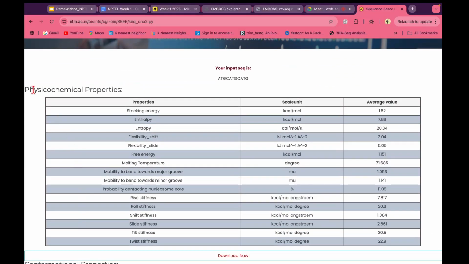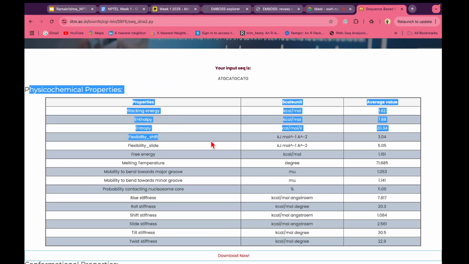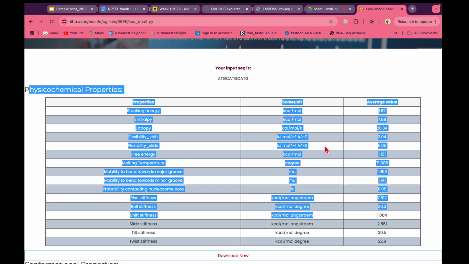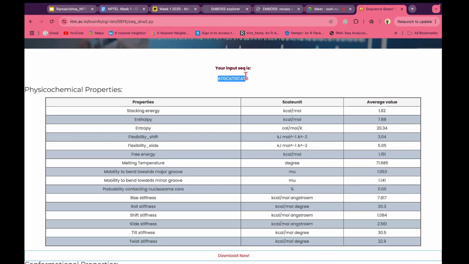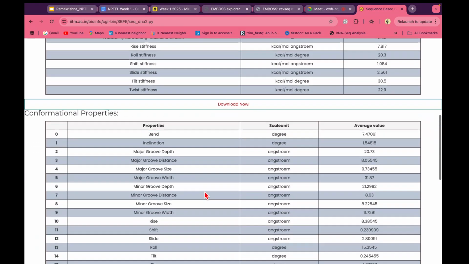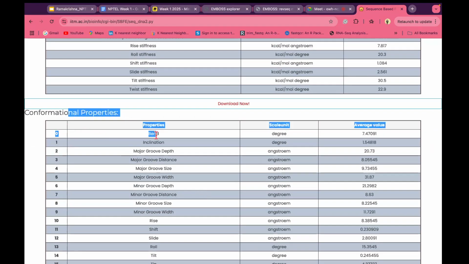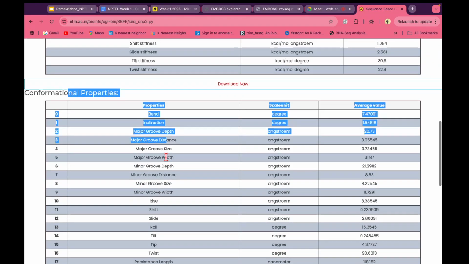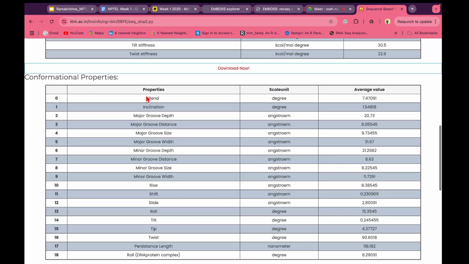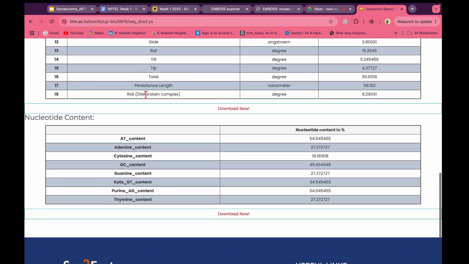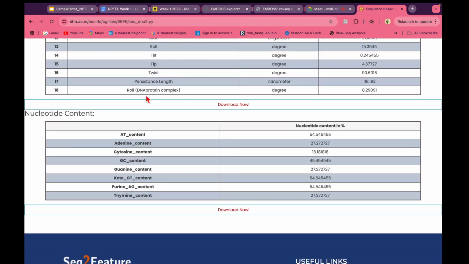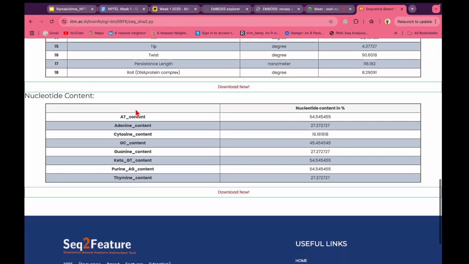First we see a list of physiochemical properties along with their scale unit and their average value. For the given input sequence, the average stacking energy is 1.62 kcal per mole. Further, we also have conformational properties such as bend inclination and major groove depth. More information and explanations of these properties will be provided in the discussion week on nucleotides, either the second week or third week.